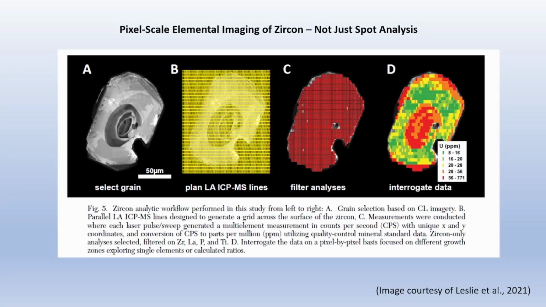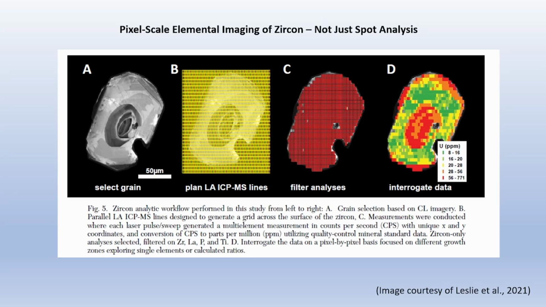This approach allows a pixel-by-pixel interrogation, which is in panel D, producing spatial distribution maps of different elements like uranium, titanium, and europium.